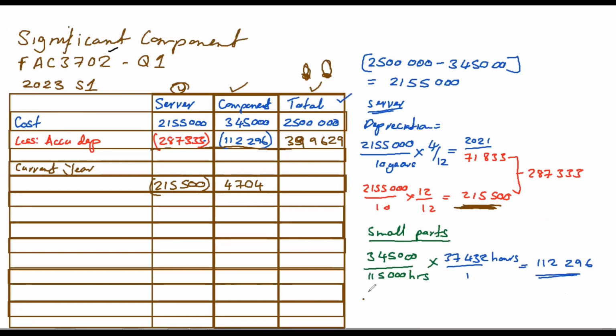What do you do? Direct me. 345,000 minus 112,296. Thank you, that's what I want to hear. You're writing on Monday. Minus 4,704. Yes, that's what I want to hear.